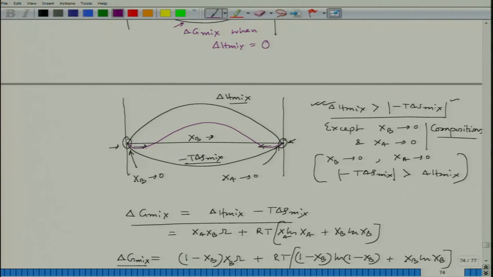There will be a dip around the pure metal sides on both sides, when xB is very low or when xA is very low, whatever the situation, since this value is always finite and this value is becoming minus infinity on the pure metal sides.